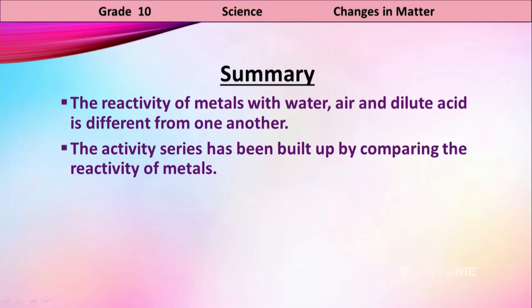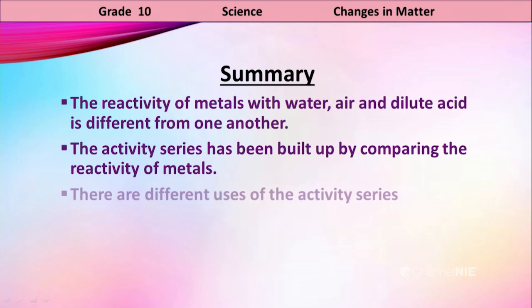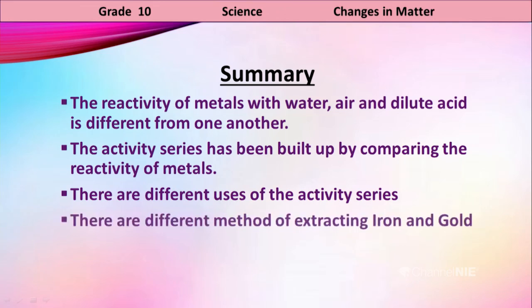We built up the activity series by comparing the reactivity of the metals. Then we discussed the uses of the activity series. Finally, we discussed the extraction methods of iron and gold. I think it is clear to you.